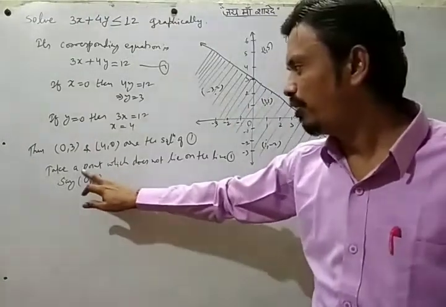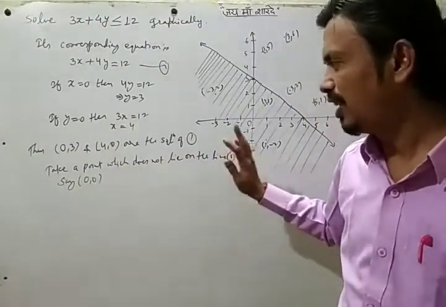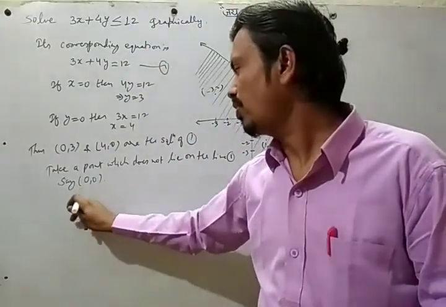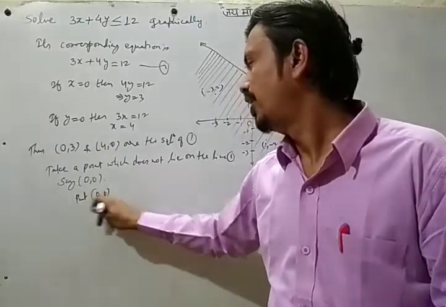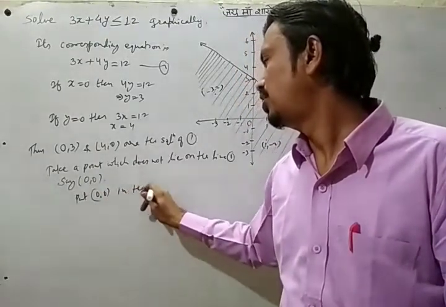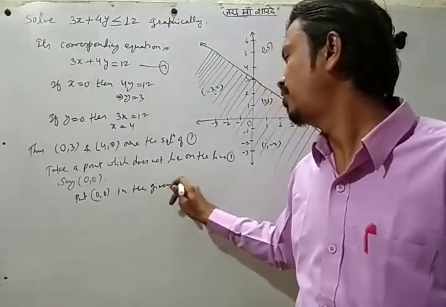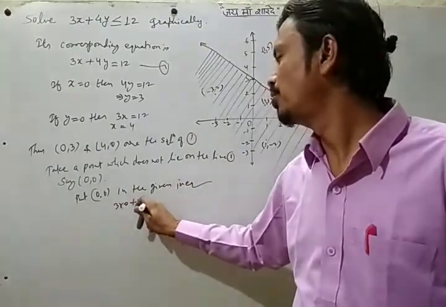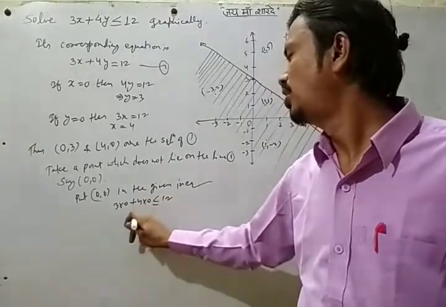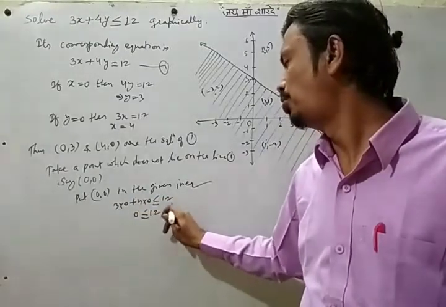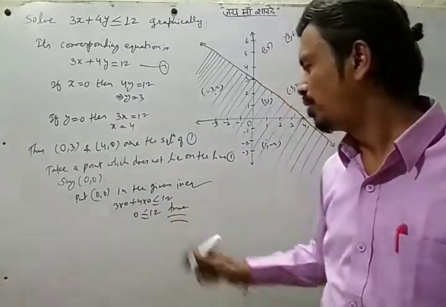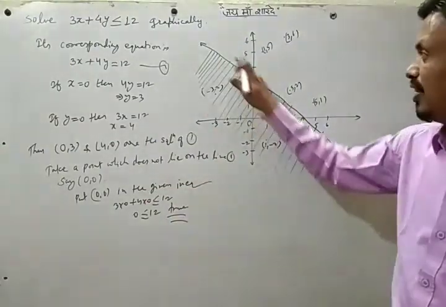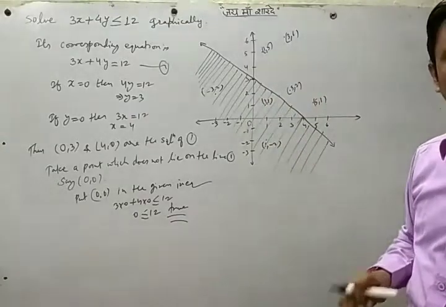So what we'll do, we'll take one point which is not on the line. Then we put it in the given inequality, means 3 into 0 plus 4 into 0 is less than 12. So 0 is less than 12. True? It is true. Therefore the point 0 0 lies in this plane, so it will be our required solution.